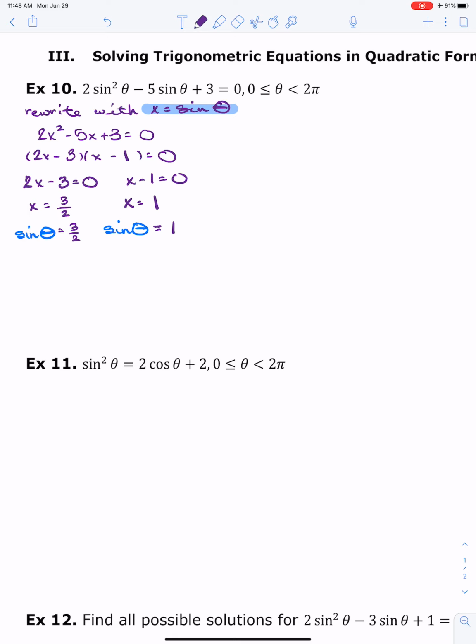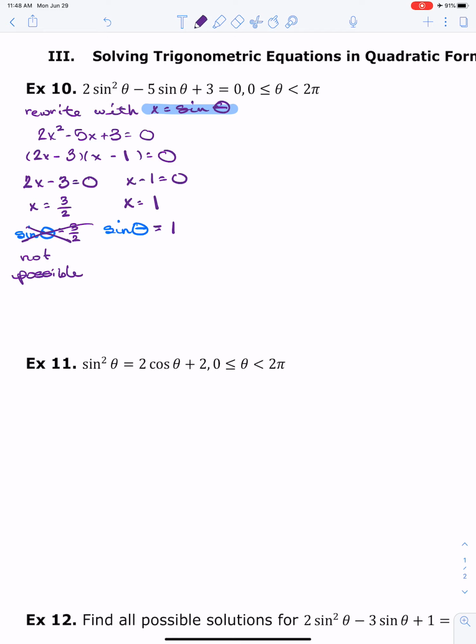And since I know that my outputs for sine and cosine have to be sandwiched between -1 and 1, I know that this is not even possible. There is no angle that is going to have a sine bigger than 1. So I'm not worried about that value.